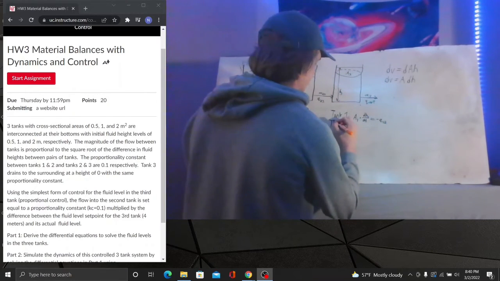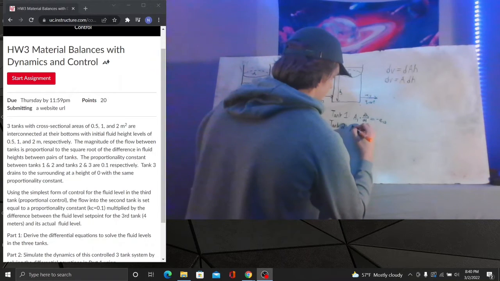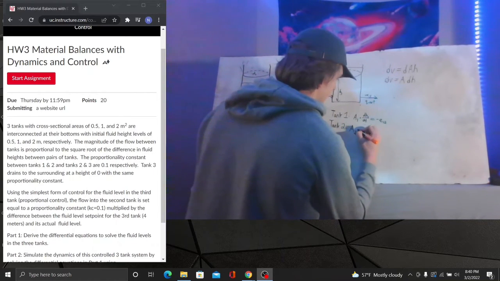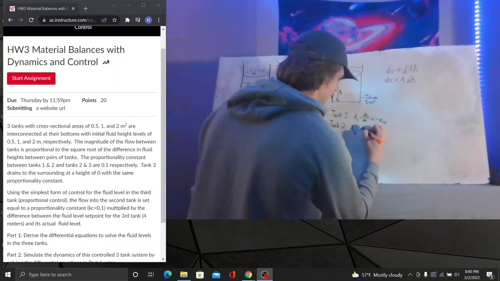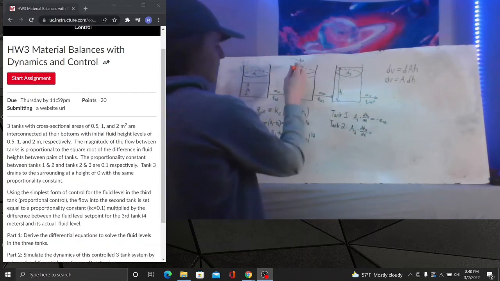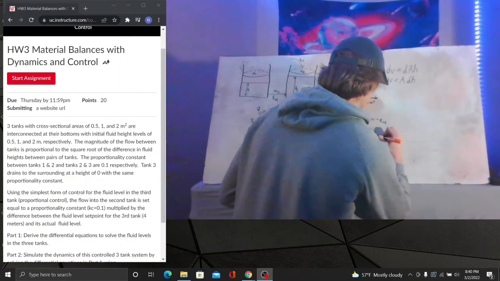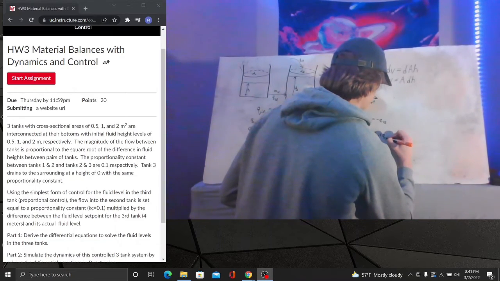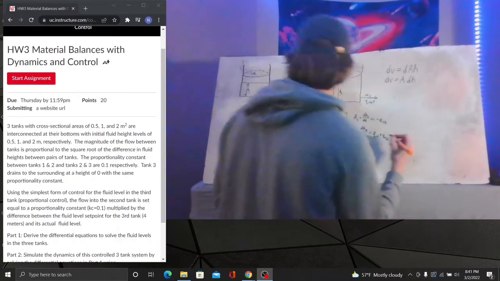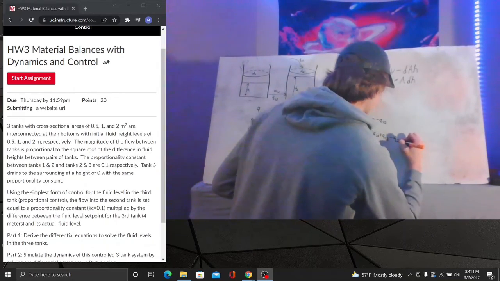And then for tank 2, it will be our area 2 times dh2 over dt will be equal to, so Qin and Q12, so Qin plus Q12, and then minus our Q23.